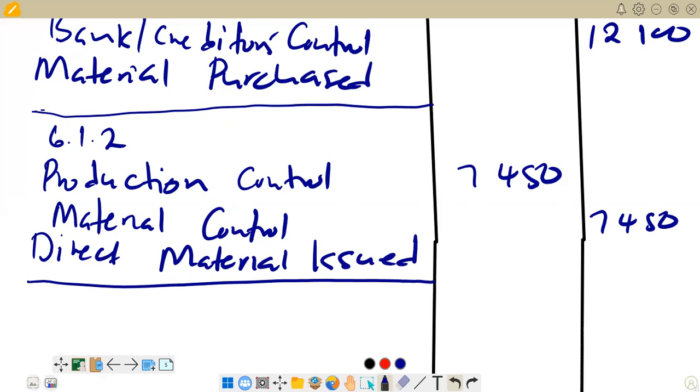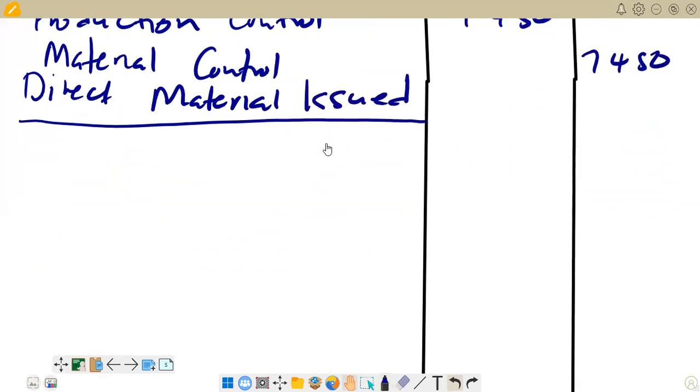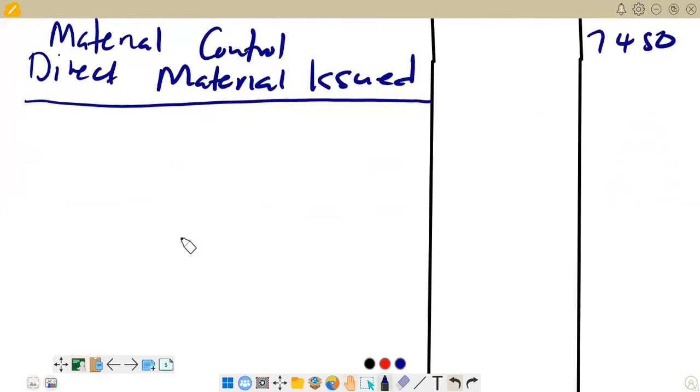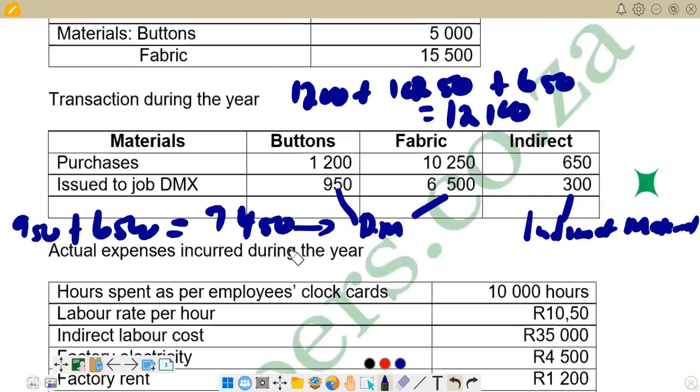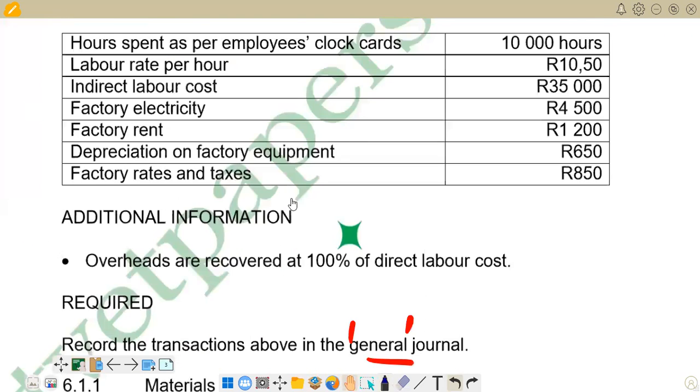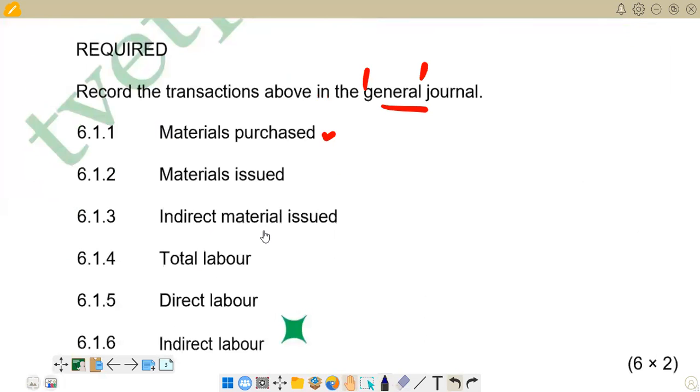So we go to the next one, 6.1.3. Let's check what we have on 6.1.3. 6.1.3 is saying indirect material.